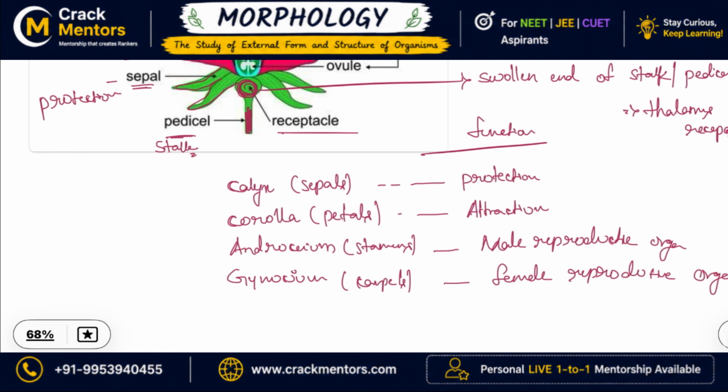Then we have our stamen. Then the carpel. The stamen part is the Androecium, the male reproductive parts, and the pistil or carpel is the Gynoecium, the female reproductive parts.